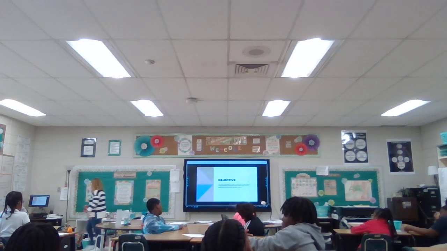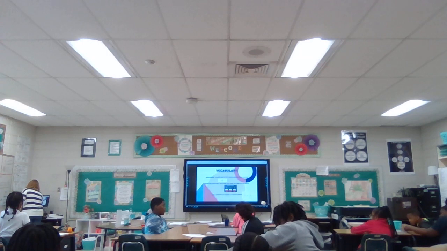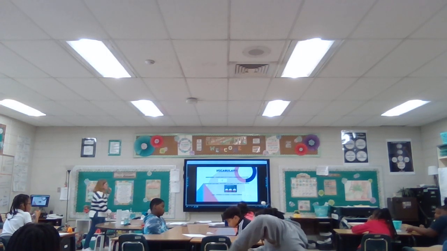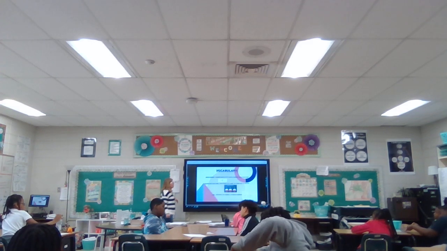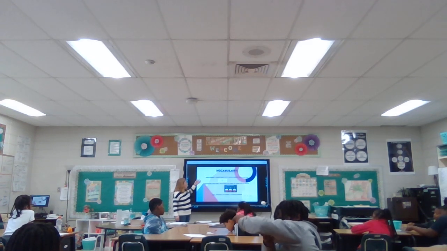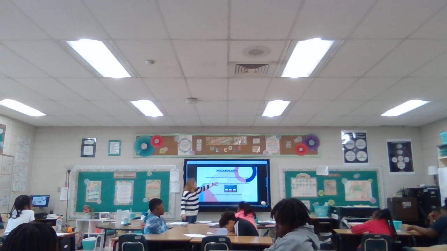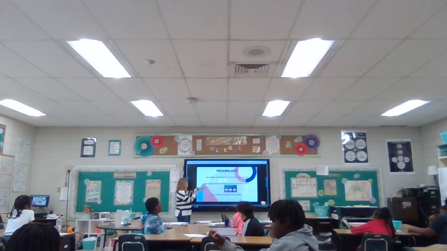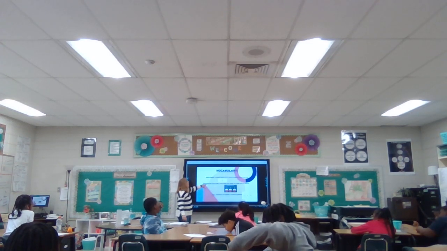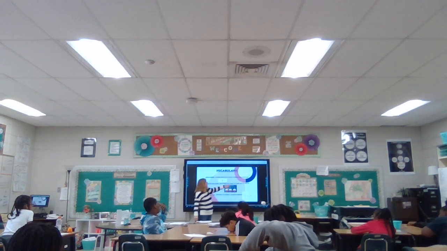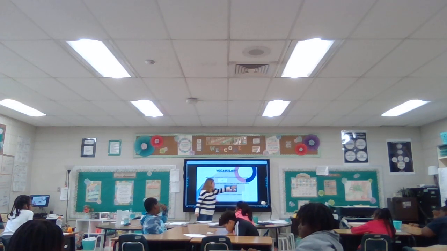And I wanted to go through some vocabulary too. Some of the vocabulary that we'll see in the lesson, or stuff that you should be familiar with, is the term mixed number, which is a number made up of a whole number and a fraction. Equivalent fractions are fractions that name the same amount, same size or amount.